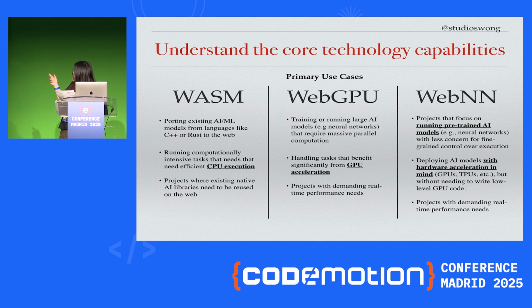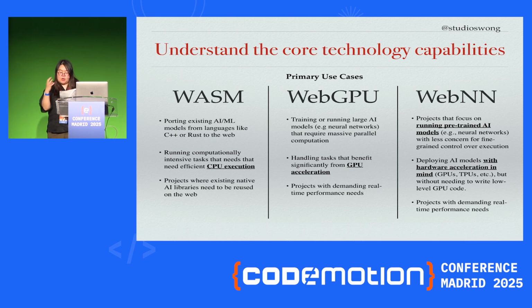And for WebGPU, that's actually the core use case: if you need training, you need WebGPU. So if you have a model that you want to continuously train on your user data and so on, then you will need to utilize WebGPU. WebNN doesn't allow you to do training because WebNN mainly allows you to load pre-trained models that you will continuously execute on that previously trained data.